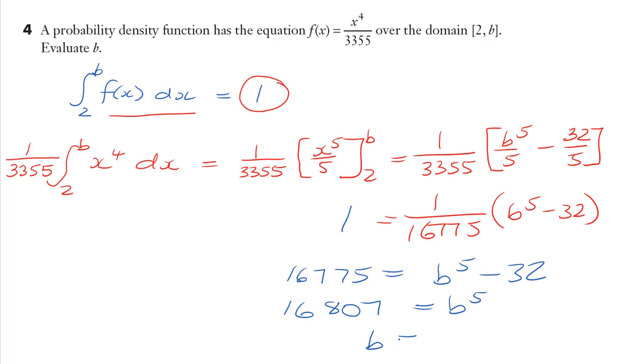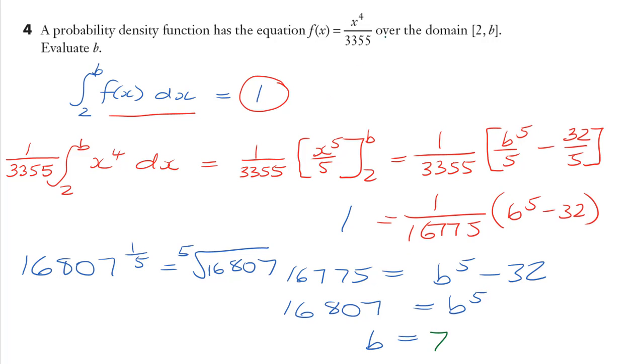And now to get b, we'll take the fifth root, or another way to do that on your calculator would be to type in 16,807 to the power of 1/5. That would be the same as getting the fifth root of that number. And when you do that, I'll just change to my green pen, you get the number 7.